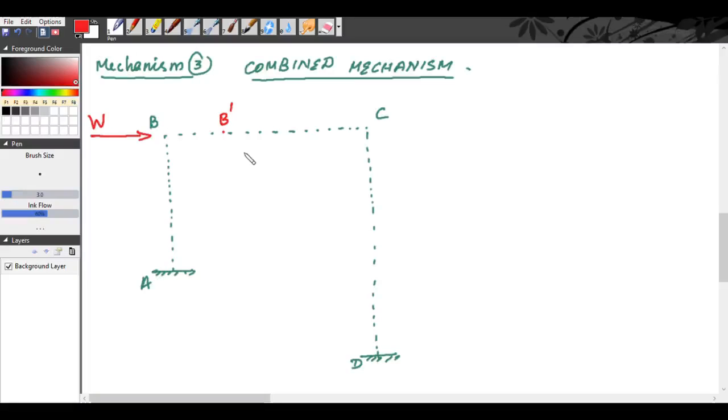So for the combined mechanism, see, this is 90 degree. The same 90 degree will be maintained here. Now C gets shifted to C dash, and there will be a hinge formation at C dash.